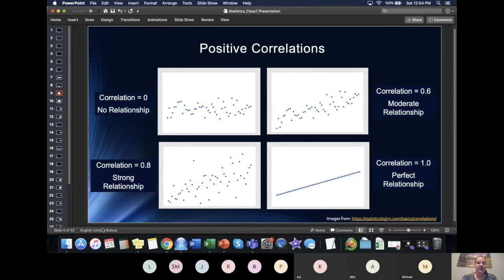Since we're talking about this, I'll go over the formula for correlation after these two slides. So this gives you an idea of what correlation looks like in practice. What I'm showing here are positive correlations, meaning there is a direct relationship. Now you can probably understand a little better what I mean.